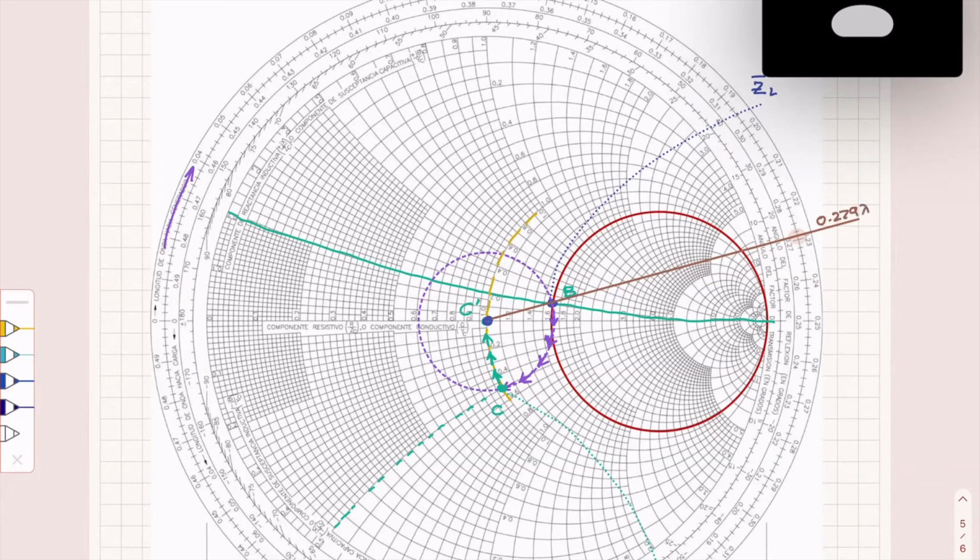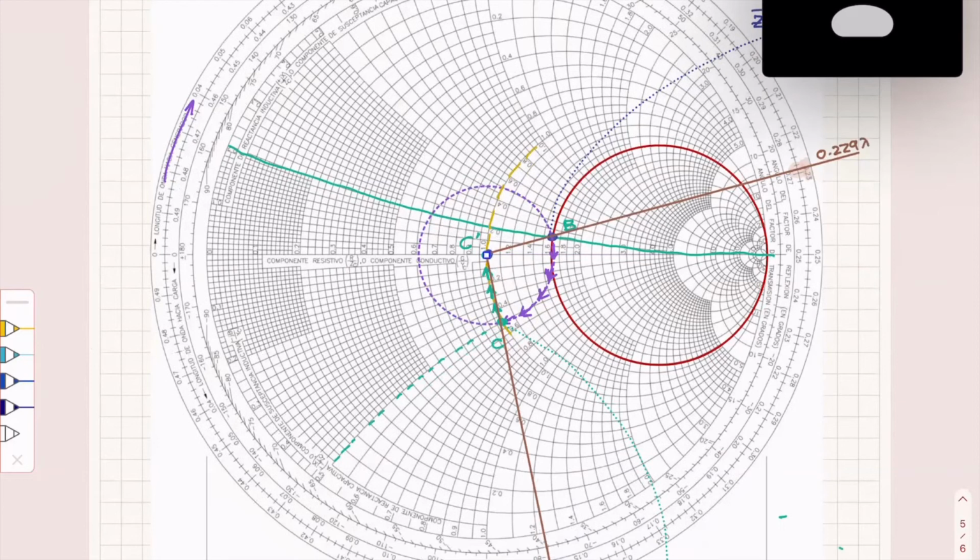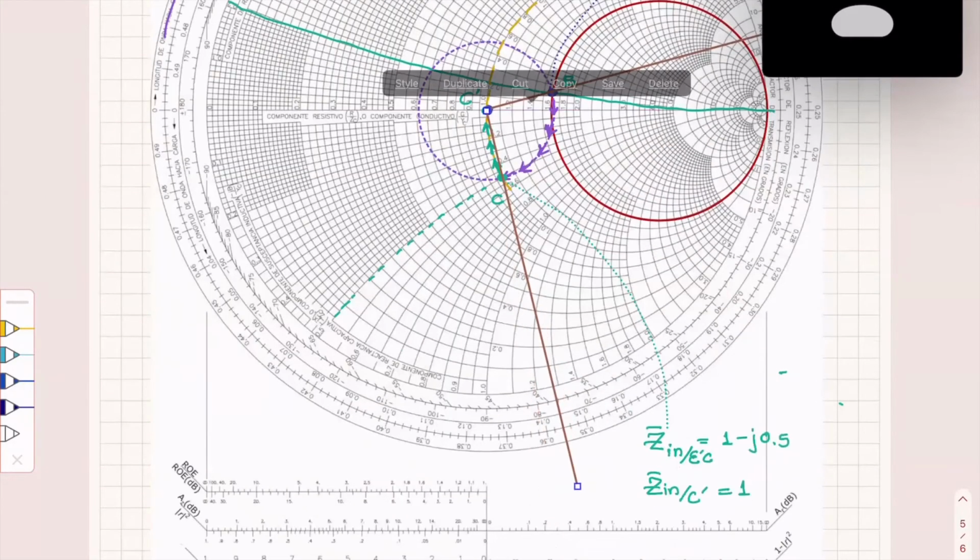And this number, I will write it along this line, shows 0.229 lambda. And I measure it out here. All right. And then I'm writing another line. There. And I'm also measuring this here.